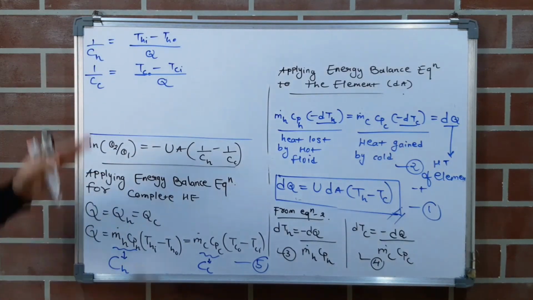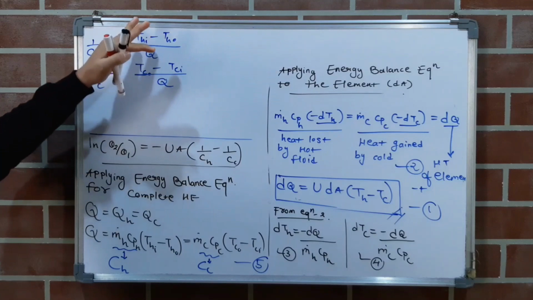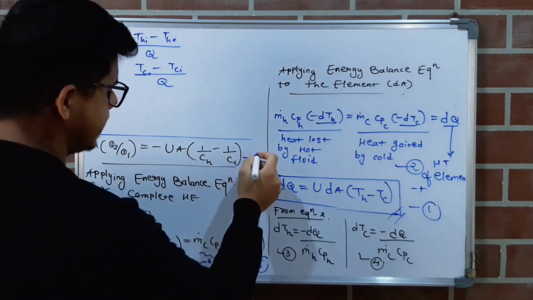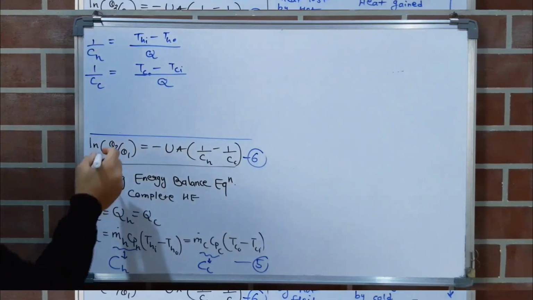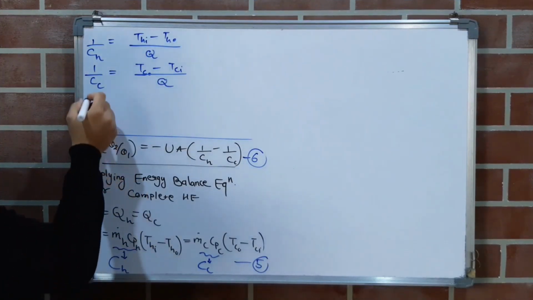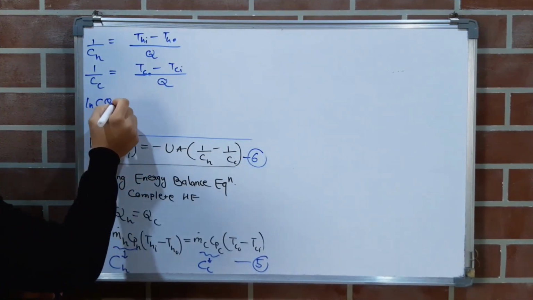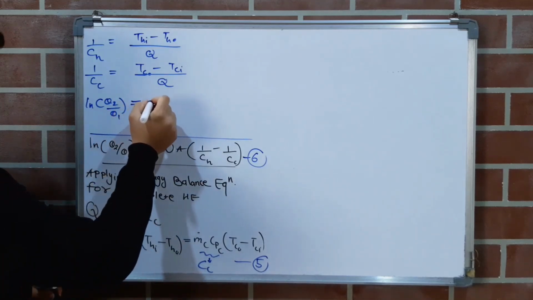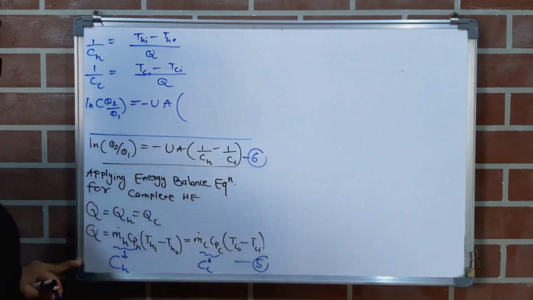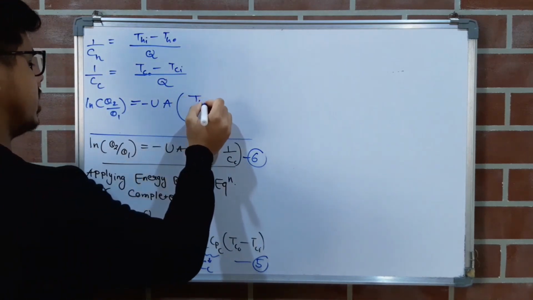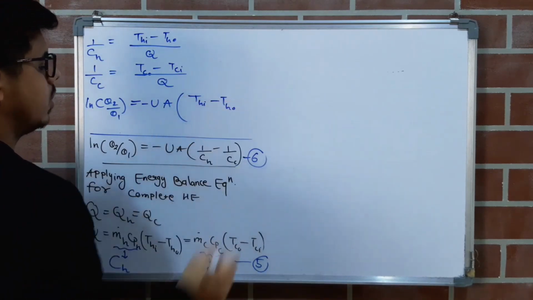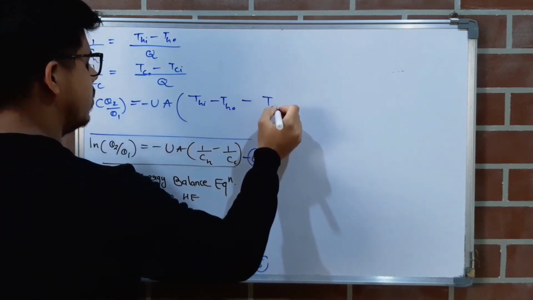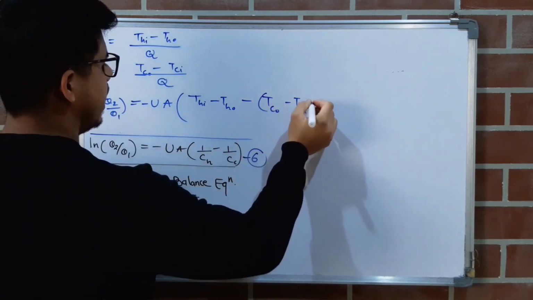Now what will we do? We will subtract these and put this whole expression in equation number 6. So ln of theta 2 by theta 1 is equal to minus UA into [1 upon Ch, which is (Thi minus Tho), minus 1 upon Cc, which is (Tco minus Tci)], right?